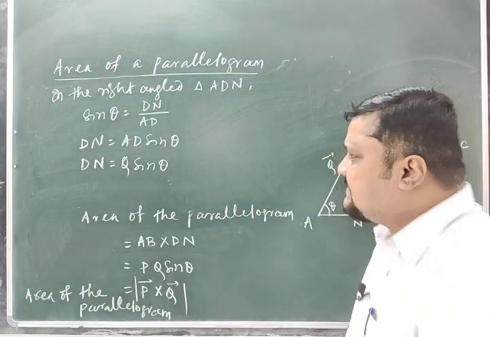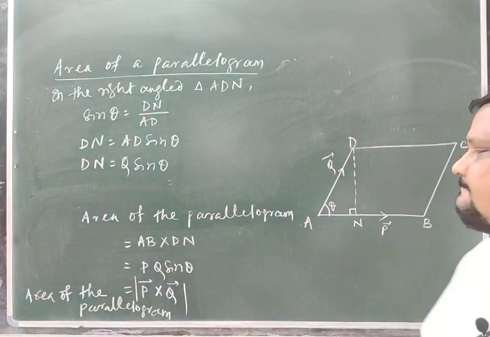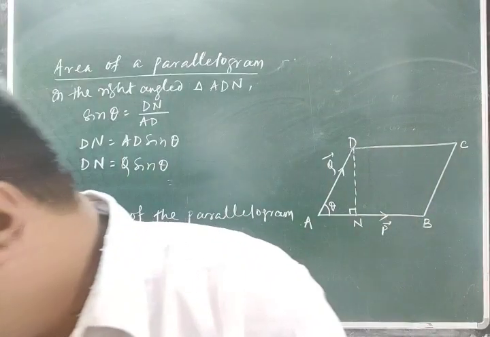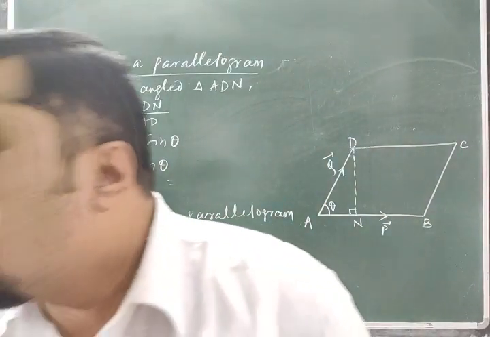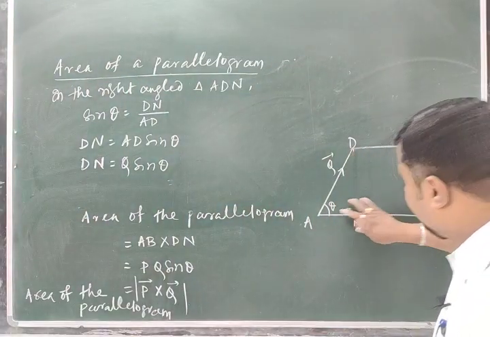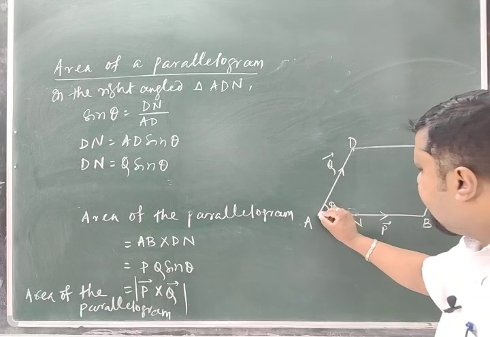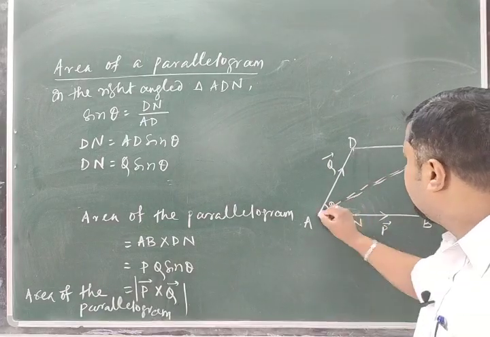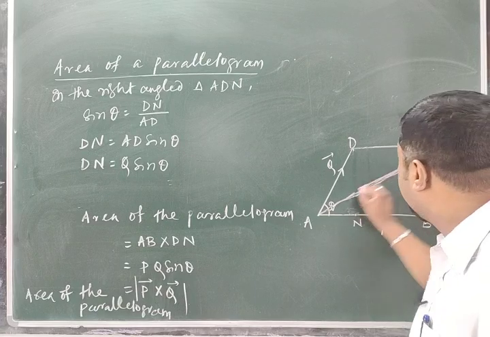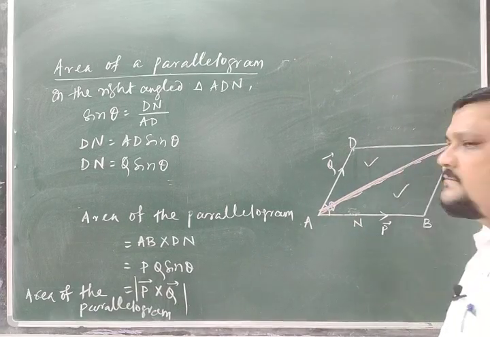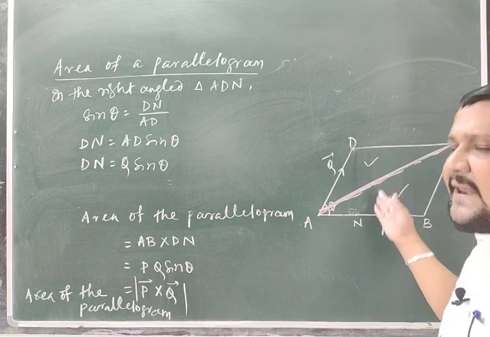In the same question, as you know, in this parallelogram, if I make a diagonal like this and join this one, there are two triangles of equal area.